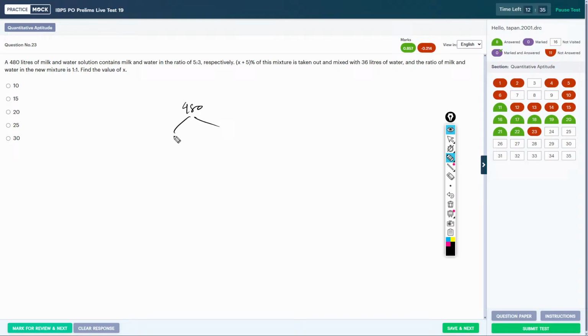480-liter mixture, 5 to 3, total 8, 60, 60. 5x plus 5-liter mixture taken out and mixed with 36 liters water, x plus 5 taken out and mixed with 36 liter of water, making the new ratio 1 is to 1. Okay, so the ratio would have been 5 is to 3 anyway.